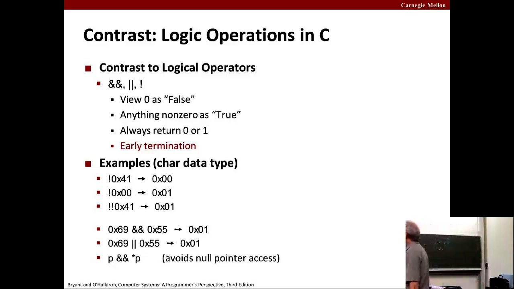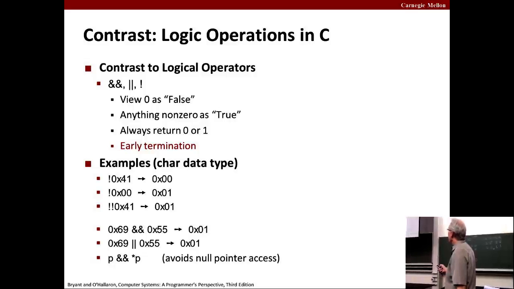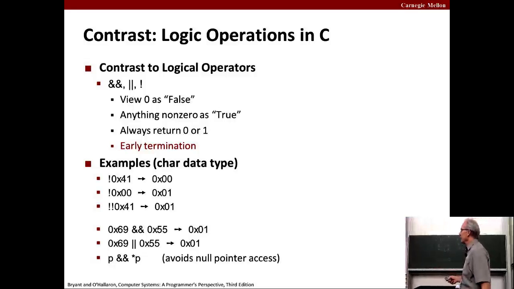So if we do some examples on some hex pattern 4-1, this is not a 0, so that's considered true in this interpretation, and so the bang of that, the not of that, is 0. Similarly, if you have 0, the not of that is 1. And if you apply bang to a number twice, you'll get back a 1 unless it was 0.